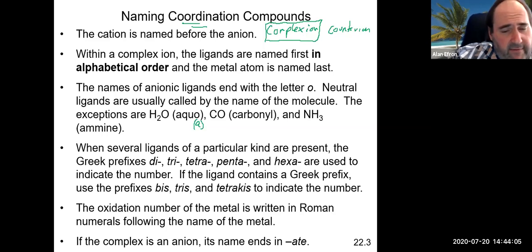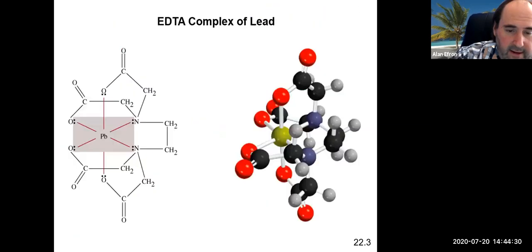Now, everybody's favorite thing: if the ligand itself already contains one of those prefixes, then instead of di, tri, tetra, you would use bis for 2, tris for 3, tetrakis for 4. What do we mean by that? We can go back to our friend en, and let's find that guy real quick. Here he is.